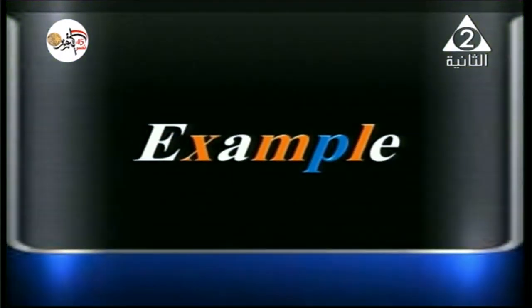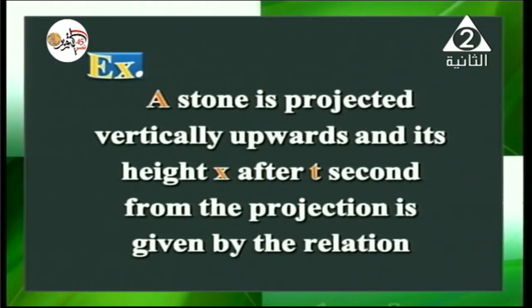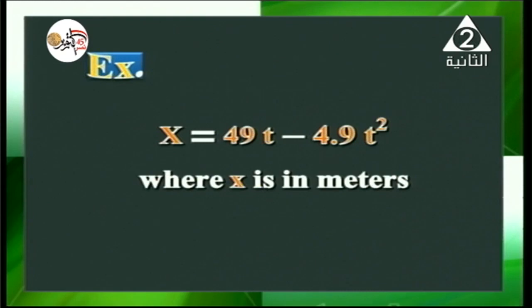Look at, my dear student, the first example. A stone is projected vertically upwards and its height x after t seconds from the projection is given by the relation x equals 49t minus 4.9 t square, where x is in meters.